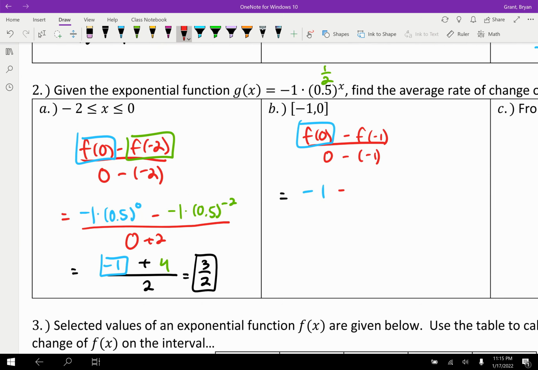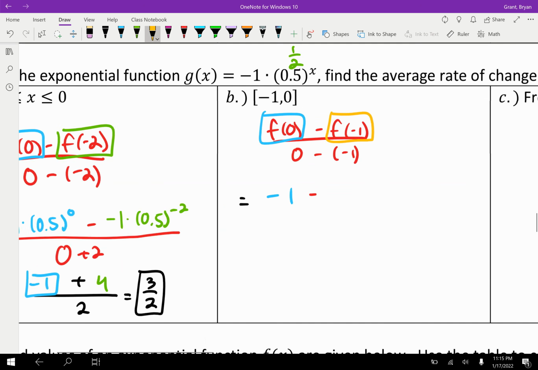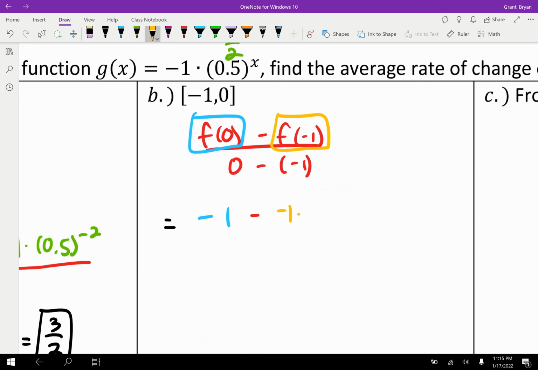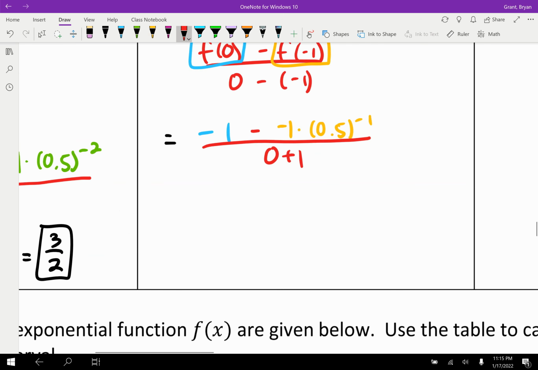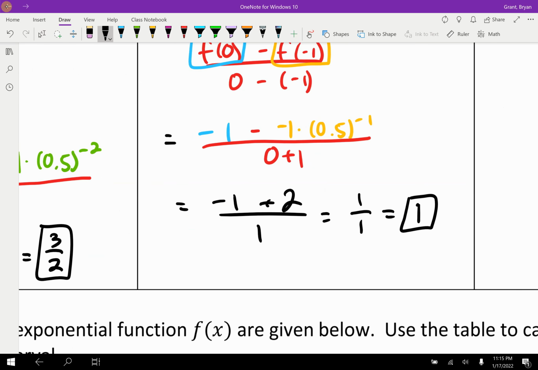This will be a minus, and then in order to find f of negative 1, we'll do this in yellow just so I remember it, is going to become negative 1 times 0.5 to the negative first, all divided by 0 plus 1, just the slope formula. So we end up with negative 1 plus, see those two negatives again, plus, and then 1/2 to the negative first ends up becoming 2. 2 minus 1 is 1, 1 over 1, or just 1.